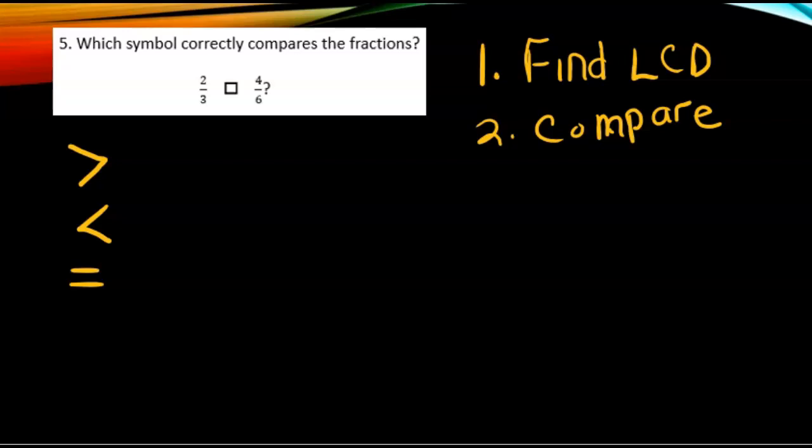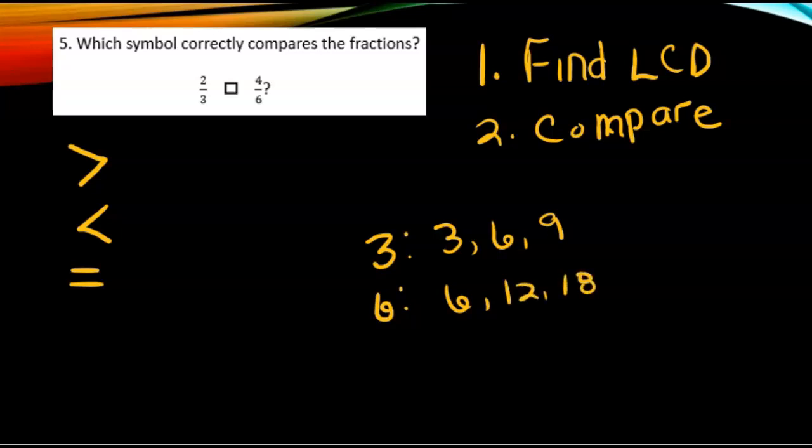So you find your least common multiple of 3 and 6. 3, 6, 9, 12, and 18. Now you find your copycat fraction to change.